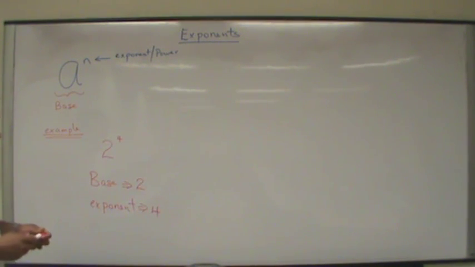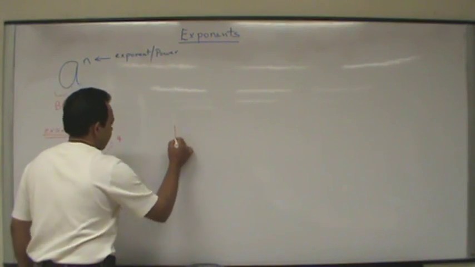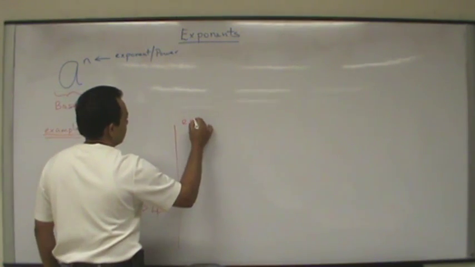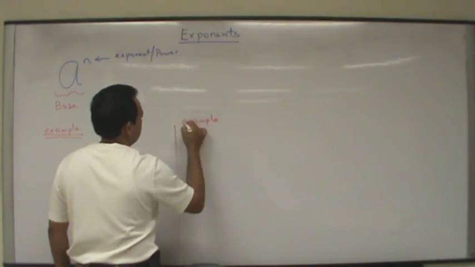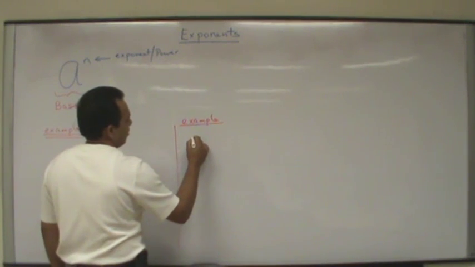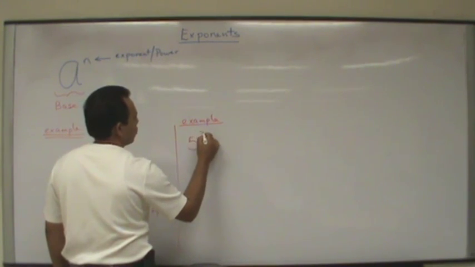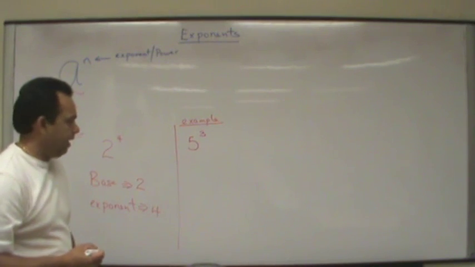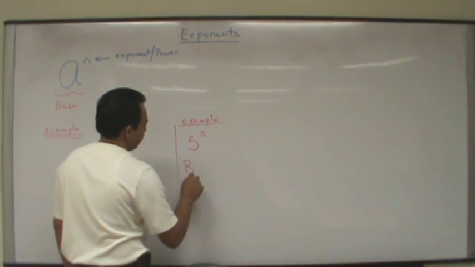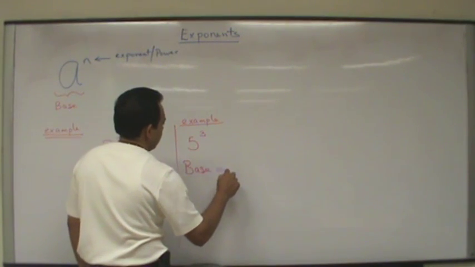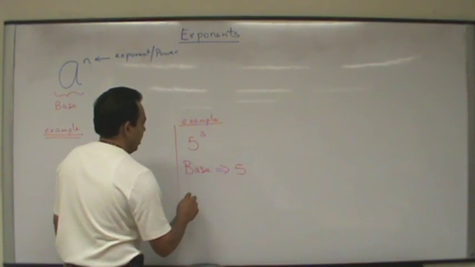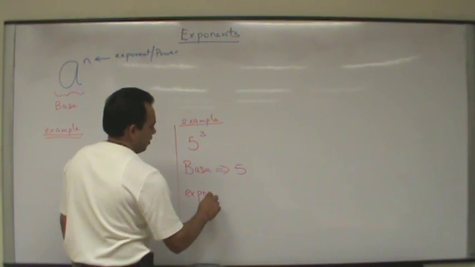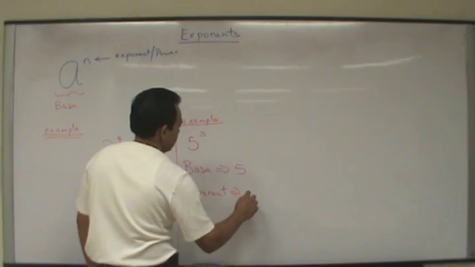Or if I look at another example, if I have 5 raised to the 3rd power or exponent, the base is 5, and the exponent is 3.